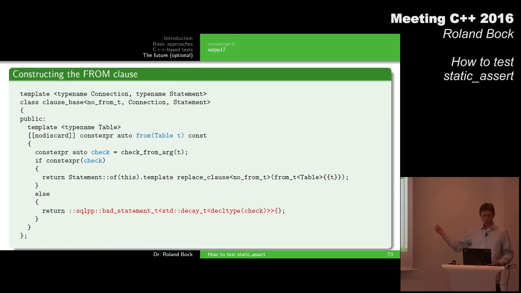It takes one argument now, which is the table. It checks this argument with the check from arg function that we've just seen. Uses the value of this check to go in either of the if branches. In the good branch, it does something and returns a new statement type. That's just detail. But in the bad case, it returns now a bad statement, which, if we ever get there, will fire.